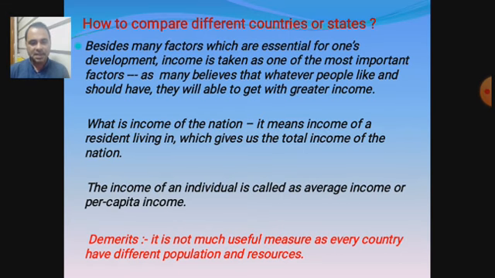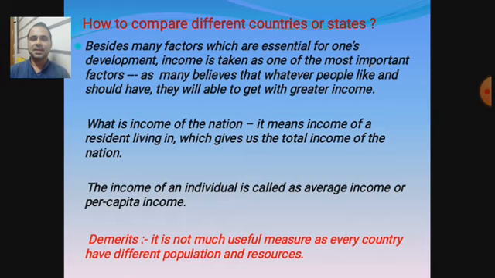Many economists, entrepreneurs, and social or political thinkers are of the opinion that a person living with a good income is able to fulfill their maximum desires and achieve their set goals.